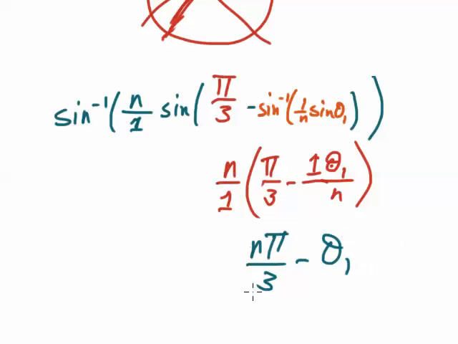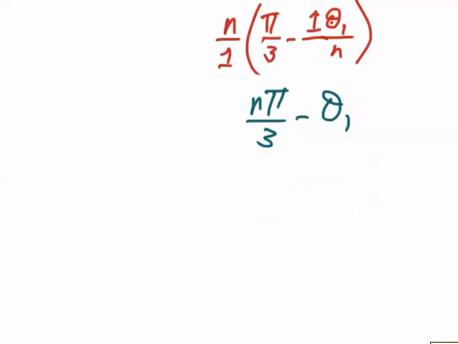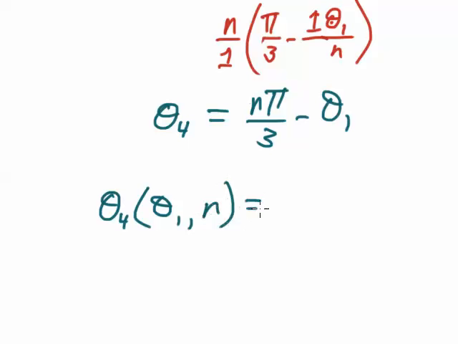And furthermore, using that small angle formula, if you've got a light ray that's split into 2 beams, theta 4 is going to be this. We'll basically just make this a function of the angle coming in and the n of the substance, and you get n pi over 3 minus theta 1.